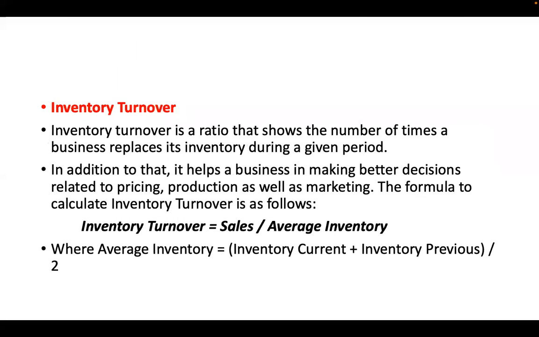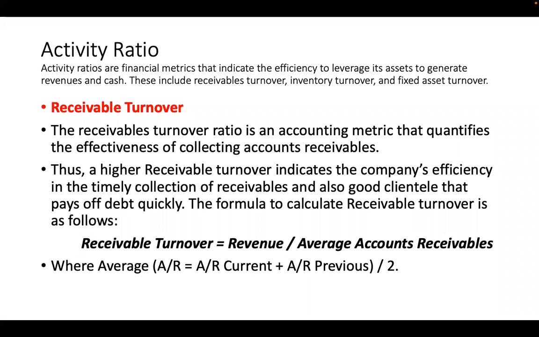Okay, activity ratios are financial metrics that show the efficiency with which a company leverages its assets to generate revenues and cash. It is a financial indicator which shows how our assets can be leveraged in order to generate revenues or cash. These include receivable turnover, which is what the company would receive in the coming future, inventory turnover, and fixed assets turnover.